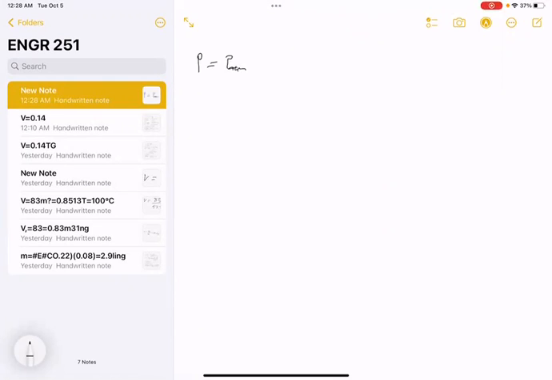But then we have to support, in addition to that, the weight of the piston. Now, pressure is force over area. The force we're talking about is the weight, and the area is the area of the piston. So we do mg, where m is the mass of the piston, divided by the area. It's circular, so it's pi over 4 times the diameter, 22 centimeters, squared.